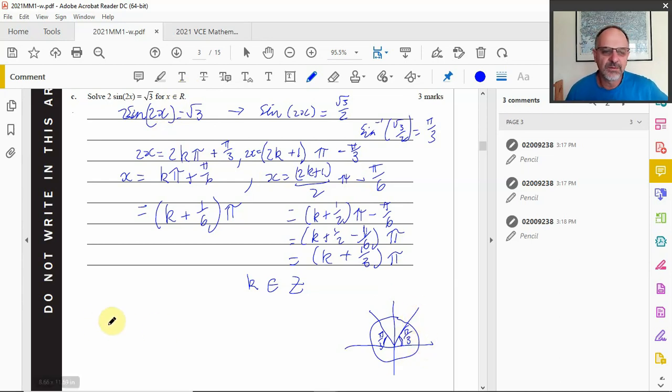Something that's handy if you want an even number, 2k will always be even, and 2k plus 1 will always be odd, where k is an integer. So if you ever need to generate odd or even numbers in the general sense, there are things that you can use.